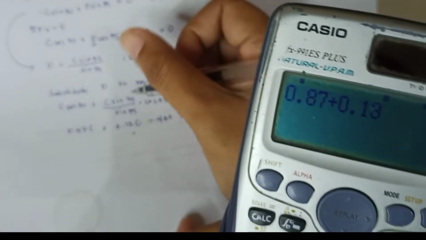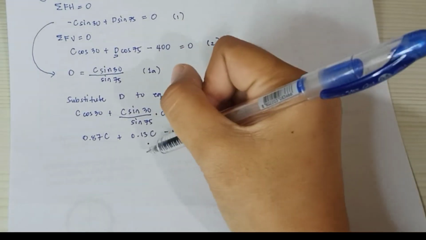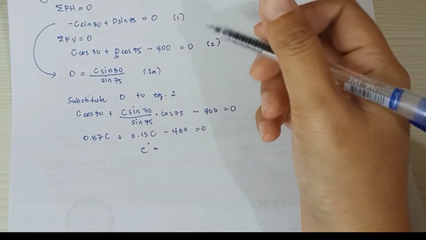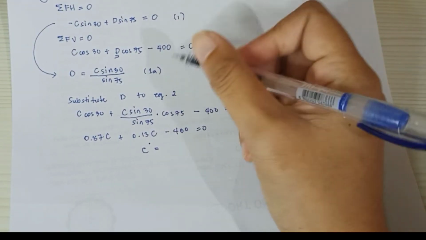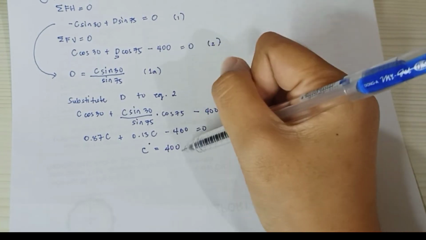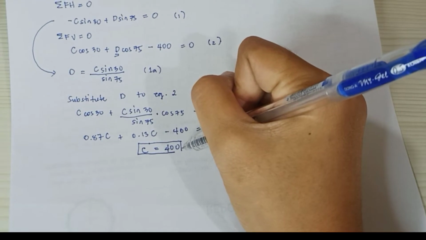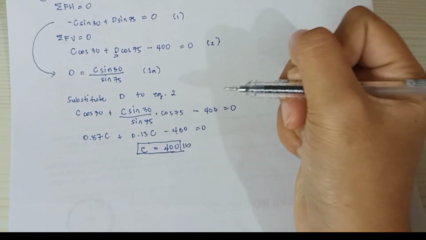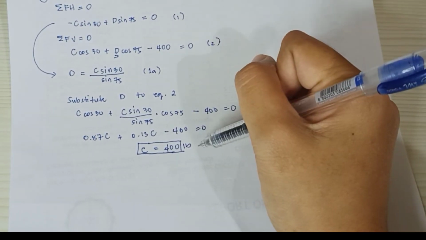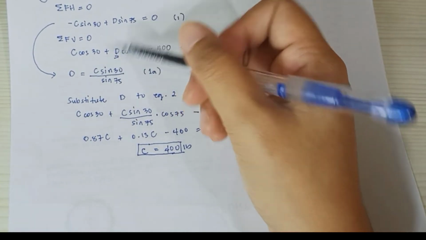So, 1C lang tayo. C is equal to, transpose natin yung 400 sa kabila. So, meron na tayong value ng C. That is 400 pounds.